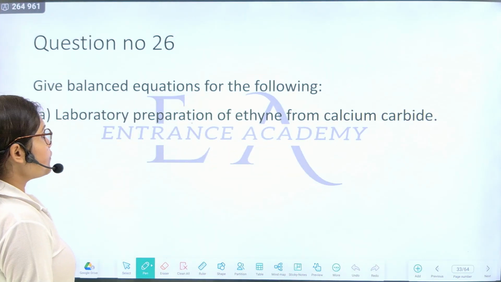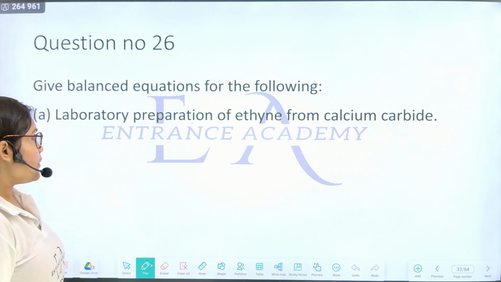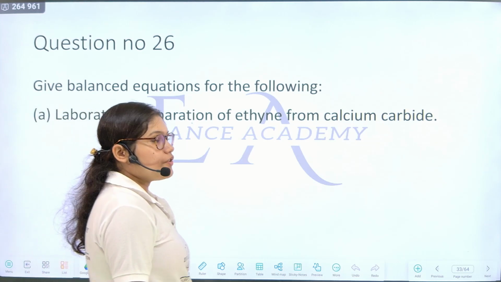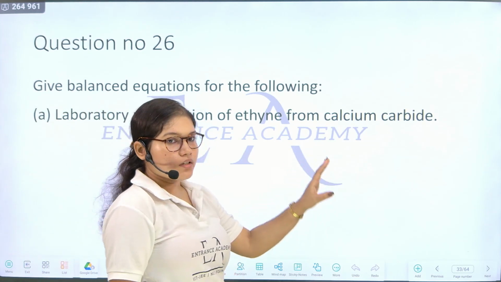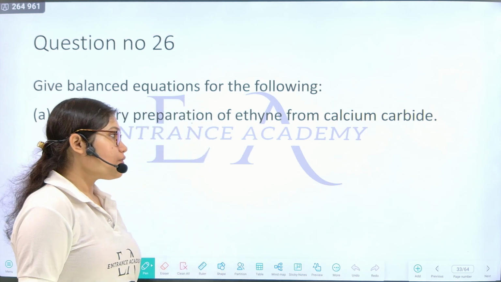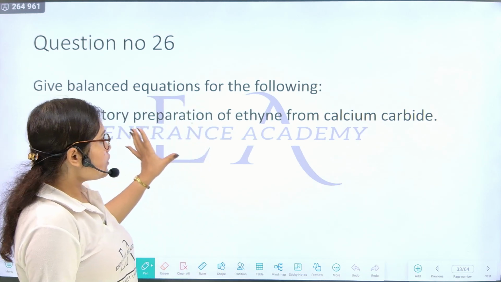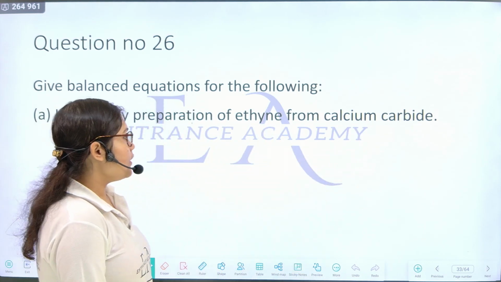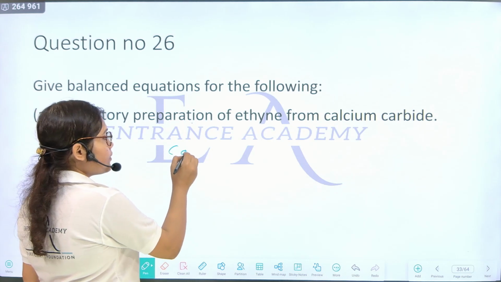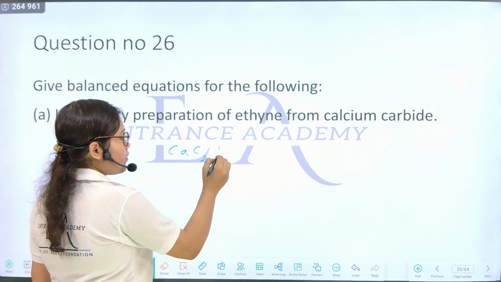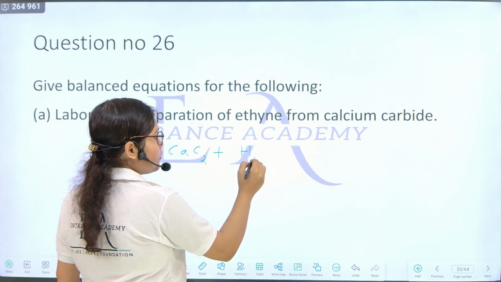Give balanced equation for the following. Laboratory preparation of ethine from calcium carbide. This one is another important question from organic chemistry. So lab preparation of ethine from calcium carbide. Calcium carbide is this. Then water.